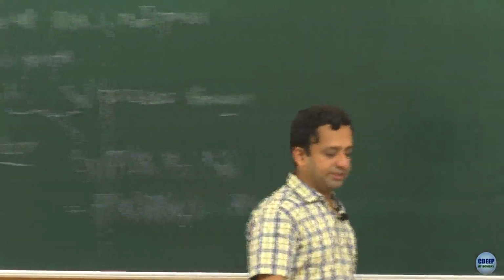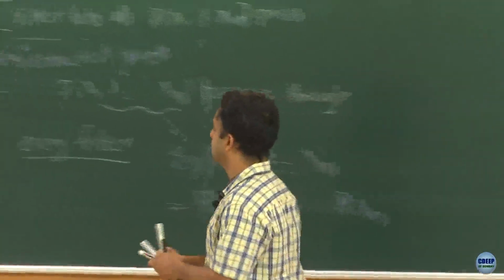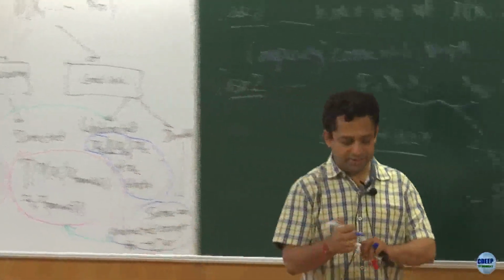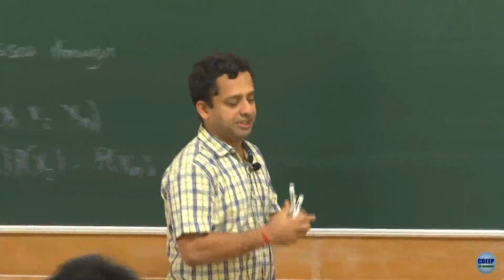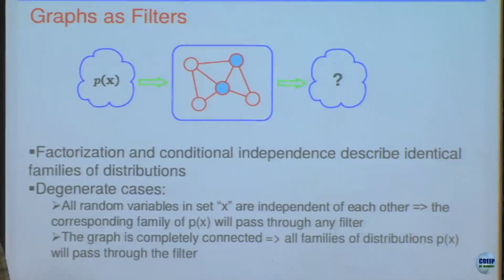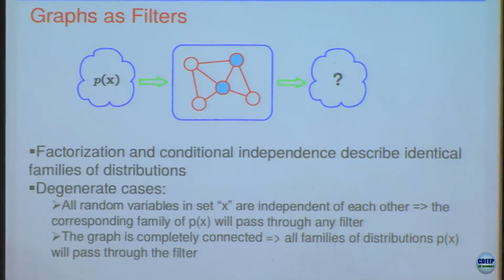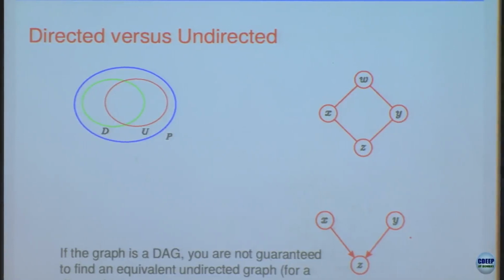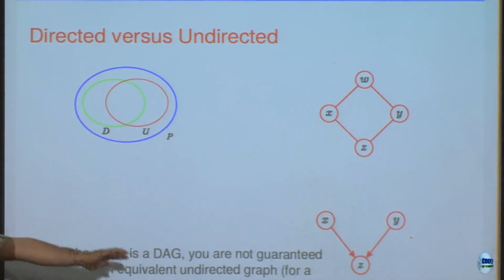In the undirected and directed cases, the Markov property and factorization are equivalent. So the filter gives you a subset. In the case of graphs as filters, if the graph is completely connected, all families of distributions will pass through the filter, because the graph is not insisting on any independence. The critical difference between directed and undirected is the head-to-head node, which we saw in the last class.